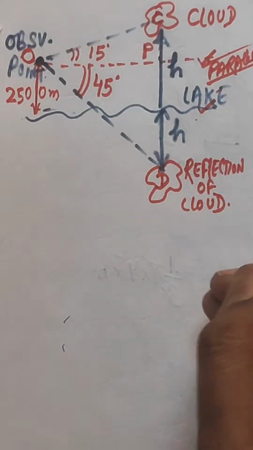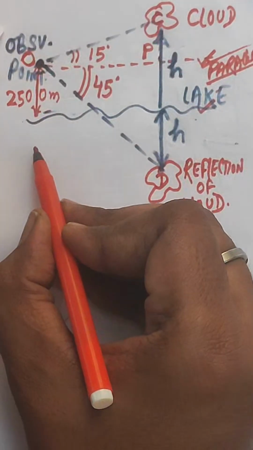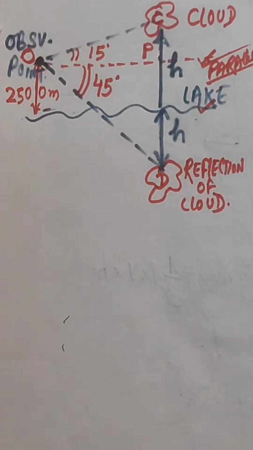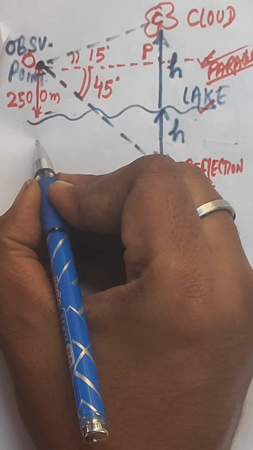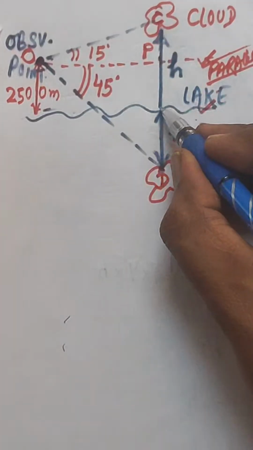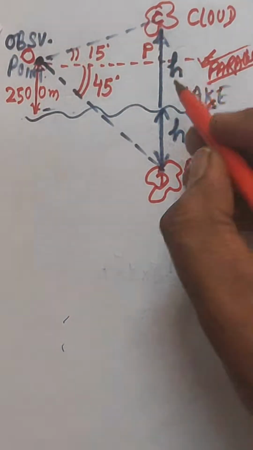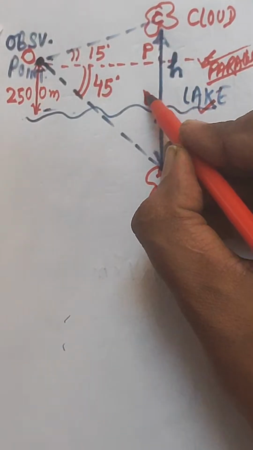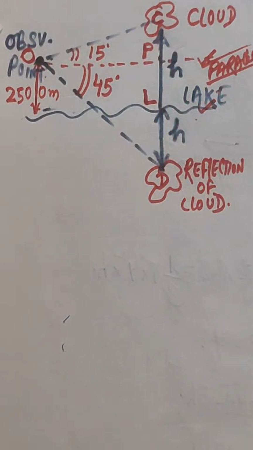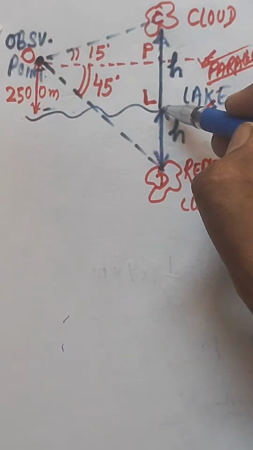And let us say this point is L, basically the point from where the height of the cloud is measured.